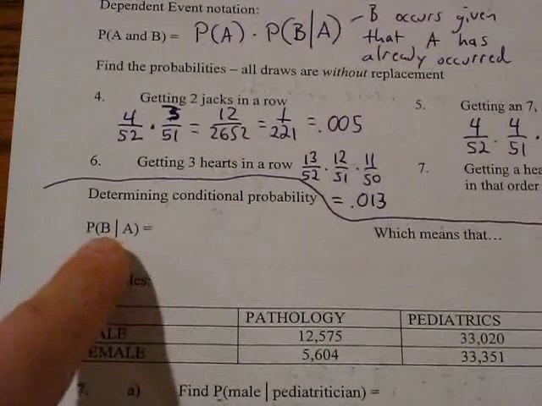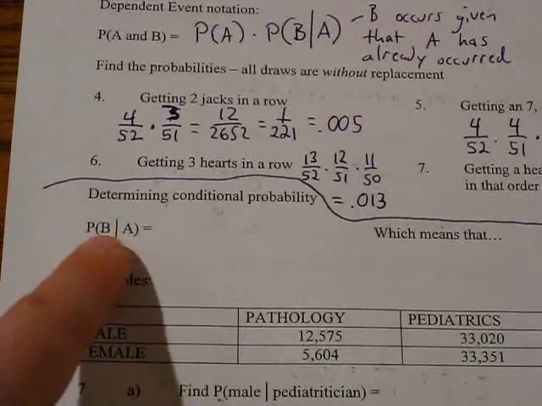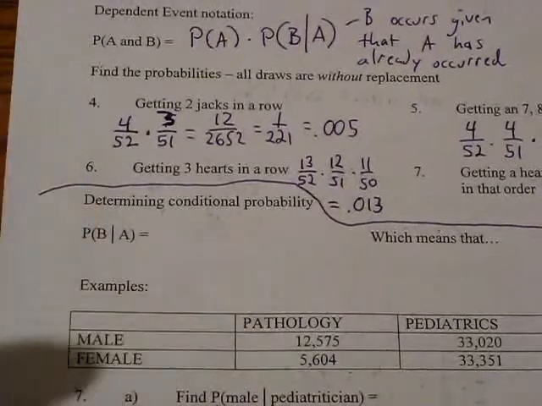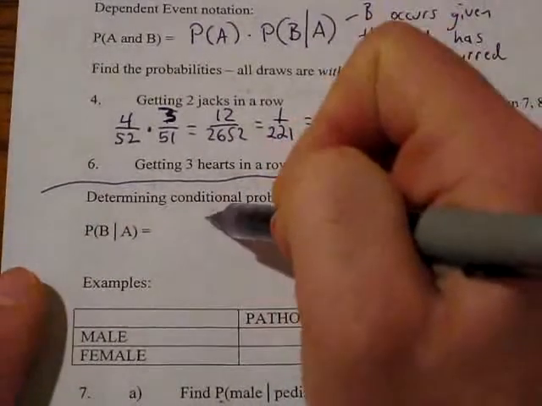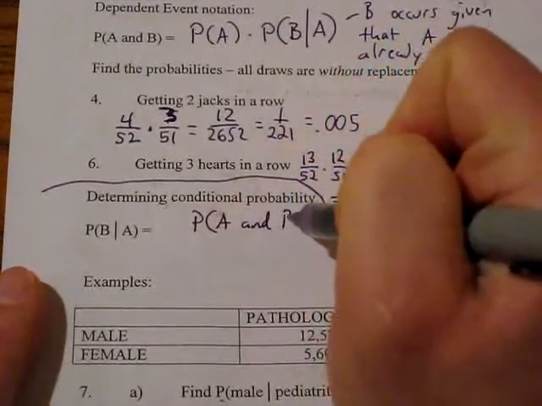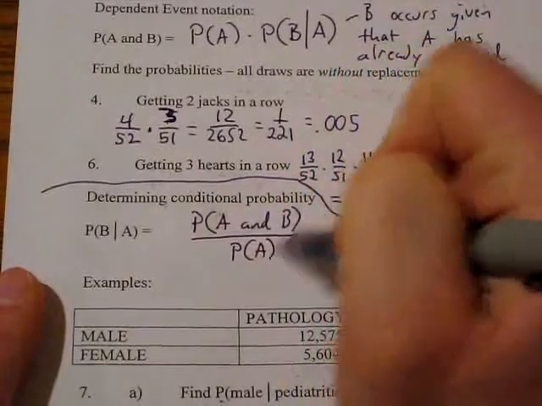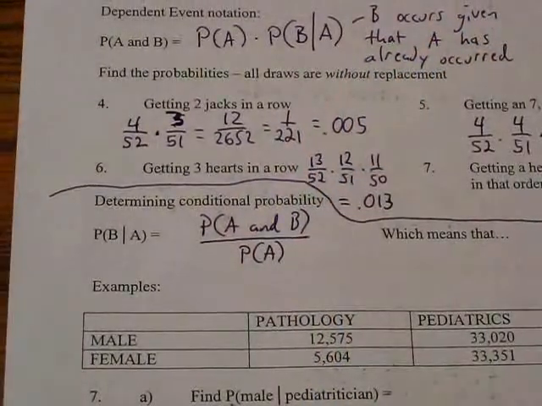But it explains that you can find the probability of when B occurs given that A has already occurred. You can do that by finding the probability of A and B divided by the probability of A. And this will find your conditional probability.